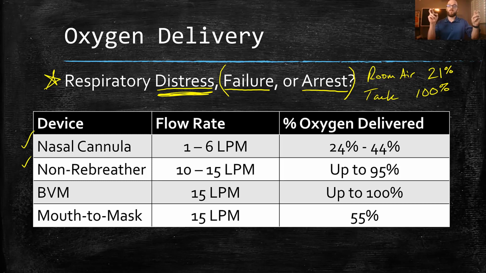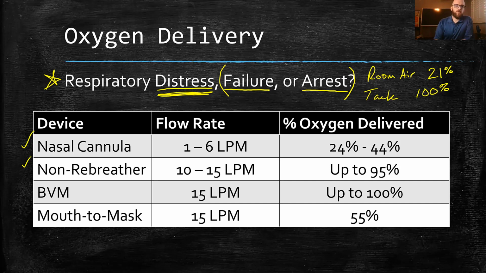So that's where we're going to supplement that oxygen. We're going to administer supplemental oxygen. The rate that they're breathing, the quality of their breathing is still okay, but they do need more oxygen. So we can do nasal cannulas, or probably more commonly in class and tests and national registry is going to be using a non-rebreather.